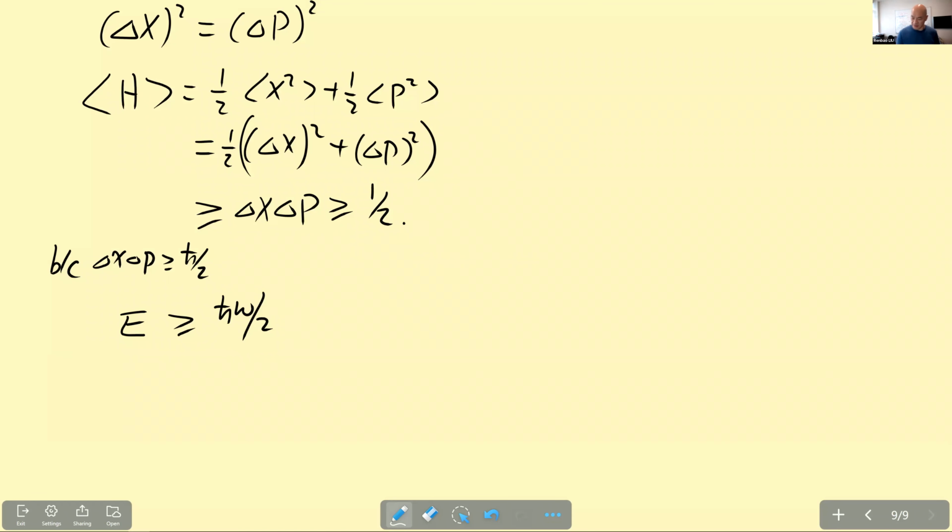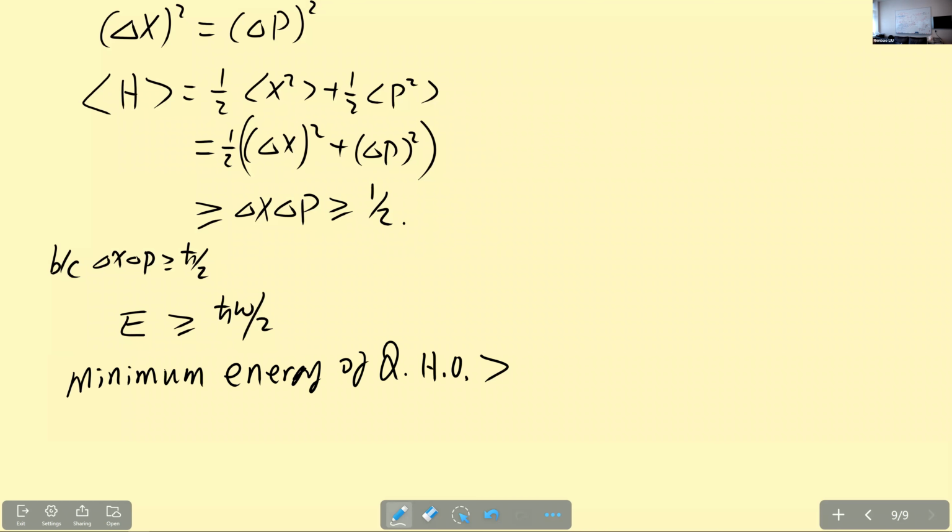That means the minimal energy of a quantum harmonic oscillator is non-zero.